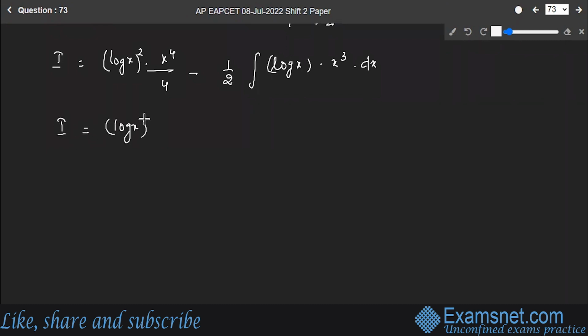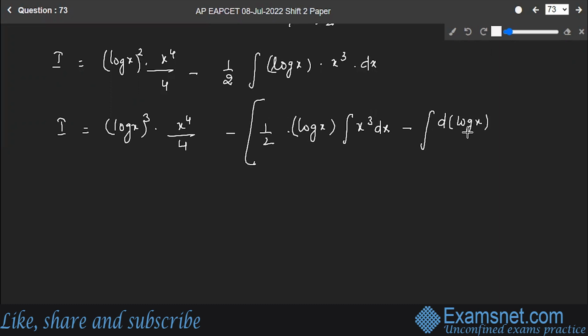So log x cubed multiplied by x raised to power 4 upon 4 minus 1 by 2 into log x, that is the first function, into integral of the second, right? This whole thing will be minus derivative of the first into integral of the second function whole dx. Right?